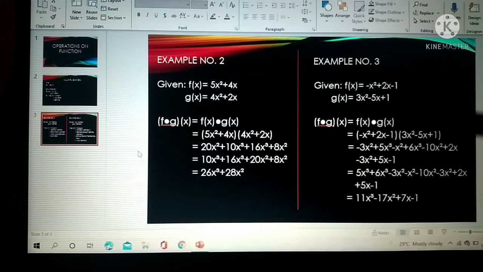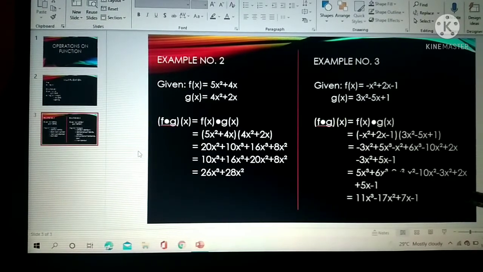Then 2x times negative 5x is negative 10x squared, and positive 2x times 1 is positive 2x. Then negative 1 times positive 3x squared is negative 3x squared. Negative 1 times negative 5x is positive 5x. Negative 1 times positive 1 is negative 1.